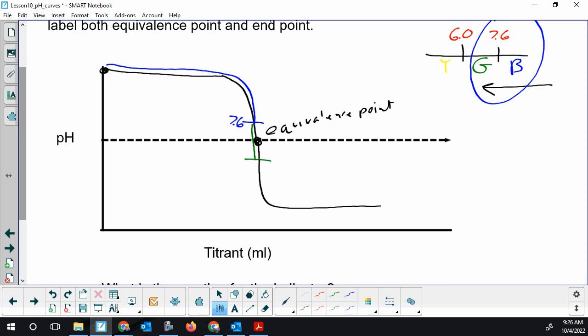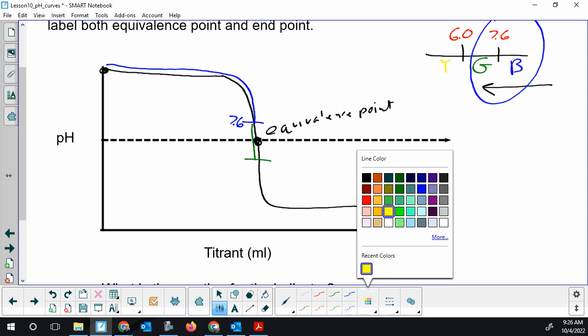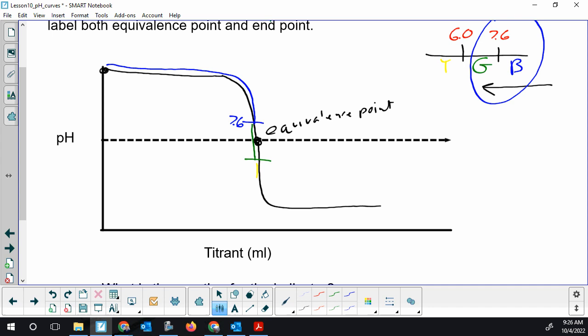It's like one drop or half a drop, it'll stay green. Because it's dropping down so much, you'll quickly get into the yellow. But your goal, your end point, is at 7.6 with that blue to green color switch.